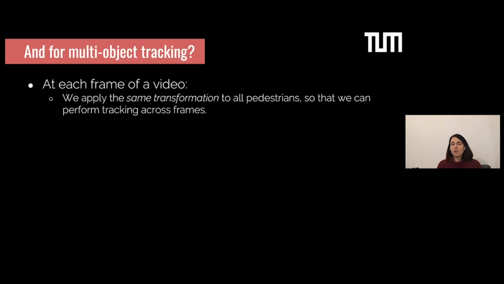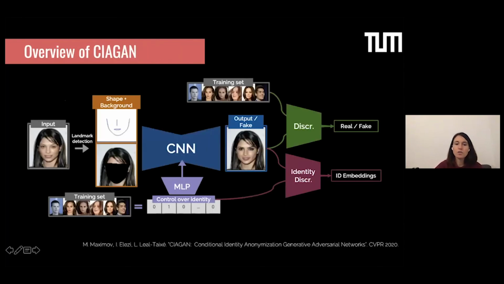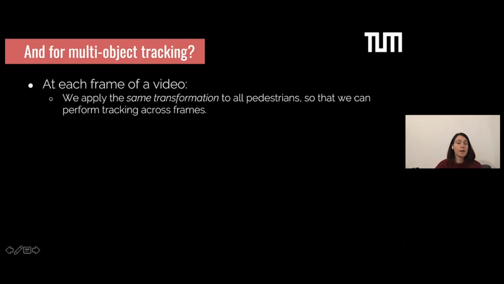First of all, same for all pedestrians, because I don't know which pedestrian is which before I do tracking. So I have to choose this control vector once for the video, but I have to choose it to be the same for all frames. Otherwise, I will have a different transformation for every frame on the video, and I will not be able to perform tracking because the person will look different in every frame.